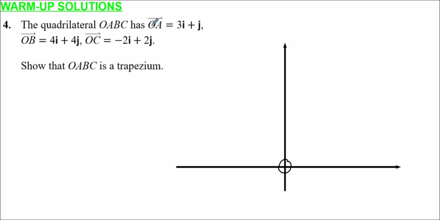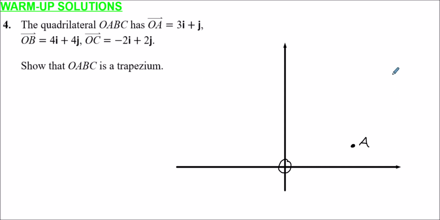And so relative from O, A is 3 in the I direction, which is along, and then 1 in the J direction. So remember, I and J have the same directions as X and Y on the Cartesian coordinate grid. And so 3 along and 1 up would be very roughly here, and so we can label this A. OB is 4I plus 4J, and so imagine going 4 along and 4 up.